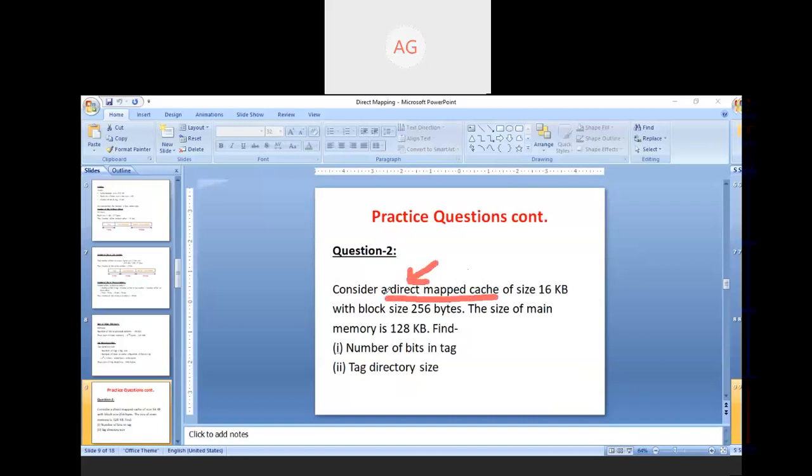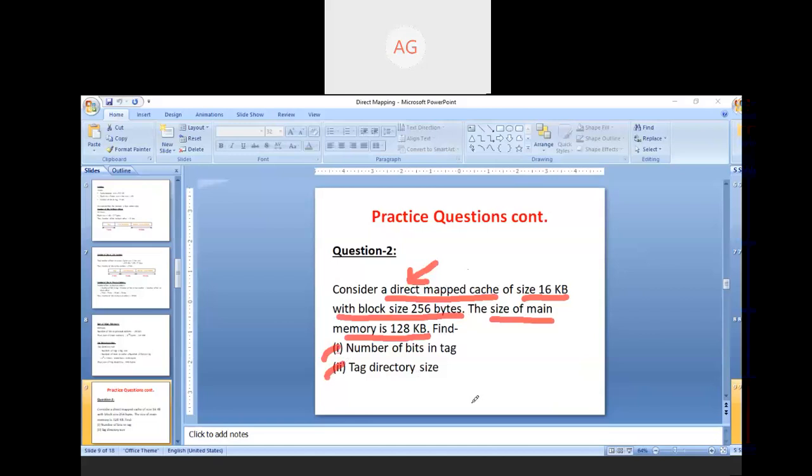So here you can find the word. Consider a direct mapped cache of size 16 KB with block size 256 bytes. The size of the main memory is given to you this time, which is 128 KB. Then you need to find the number of bits in tag and the tag directory size.